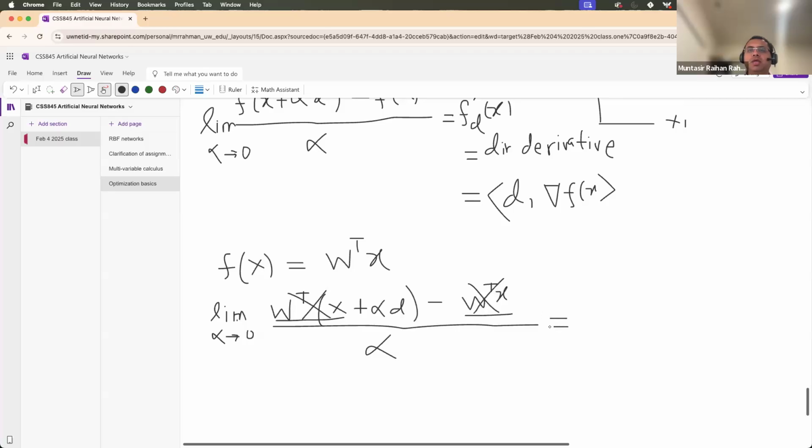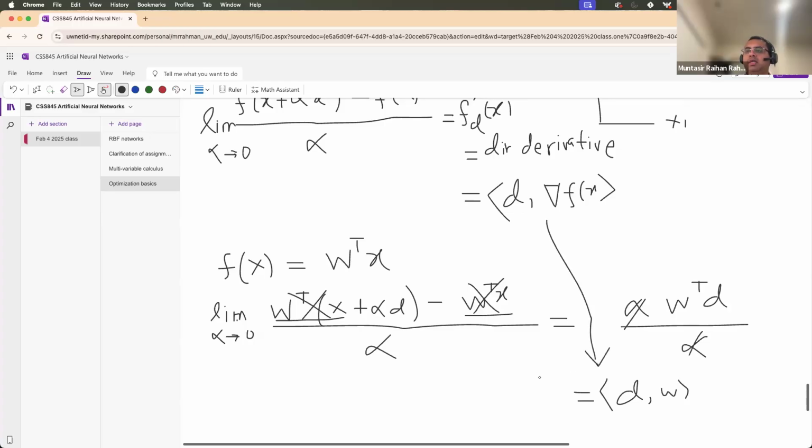And the remaining term is going to be alpha times w transpose d, and I have an alpha back here, and then this alpha and alpha go away. And then what I'm left with is the direction d inner product with the value w. And then according to this formula, this means that the gradient of f of x is actually going to be equal to w. And that is exactly what we expect.